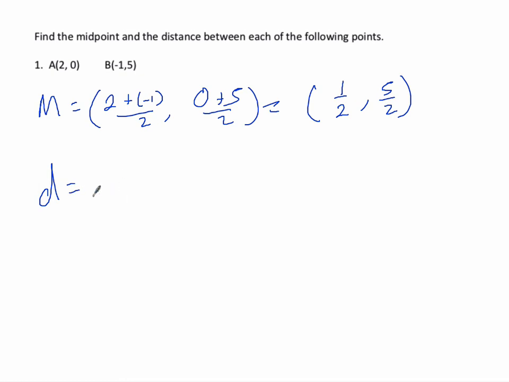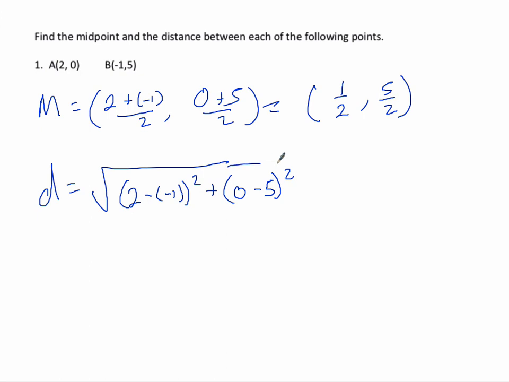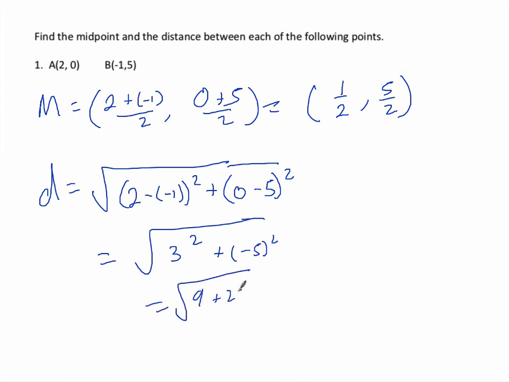Okay, and the distance is going to be root x1 minus x2, or the other way around, doesn't really matter, plus 0 minus 5 squared, so that equals 3 squared plus -5 squared. That is 9 plus 25. That equals root 34, which we can't simplify, so you can just leave your answer as a surd, or get a decimal on your calculator if necessary.